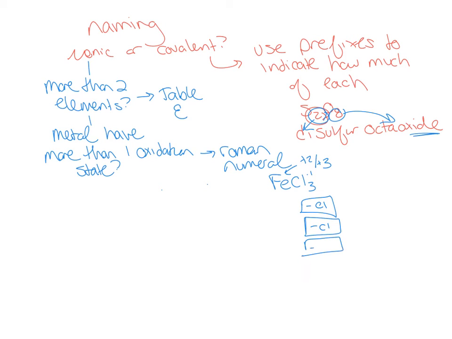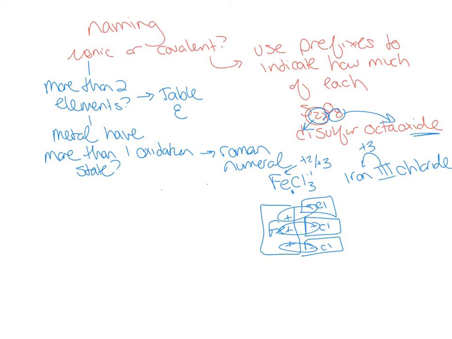Each chlorine needs to gain an electron, so each chlorine has a negative. I have only 1 iron to neutralize all those negatives. So what's the charge on that iron? Well, it's got to be +3. 1, 2, 3. Okay, it's got to be +3. So this would be iron 3 chloride, where the 3 means that iron is +3.